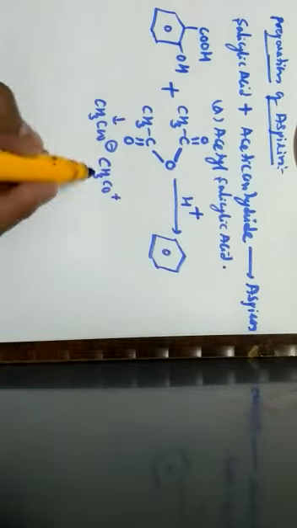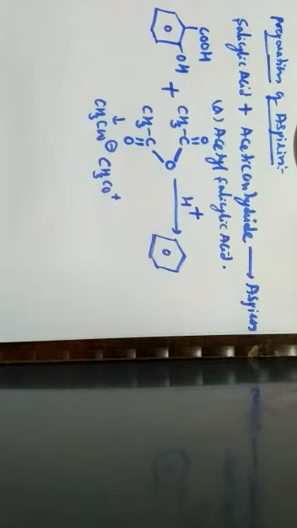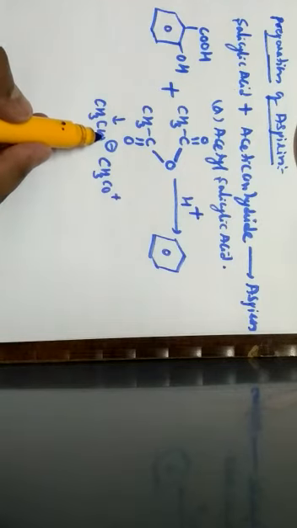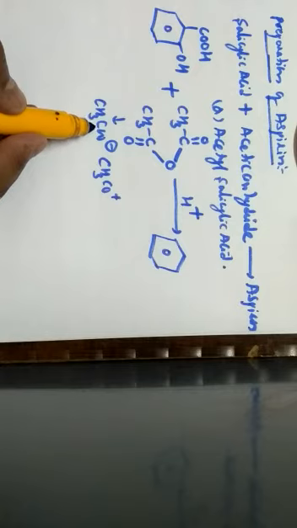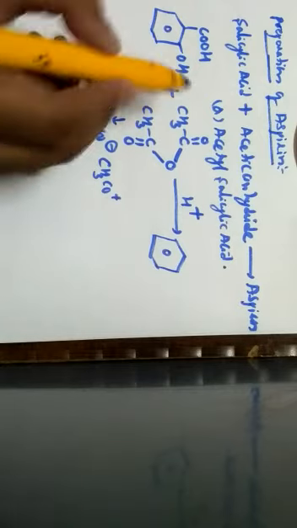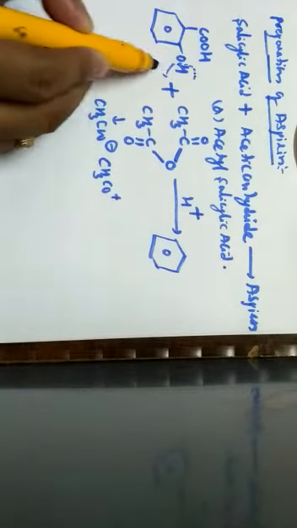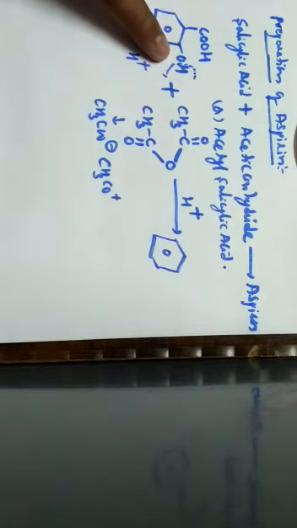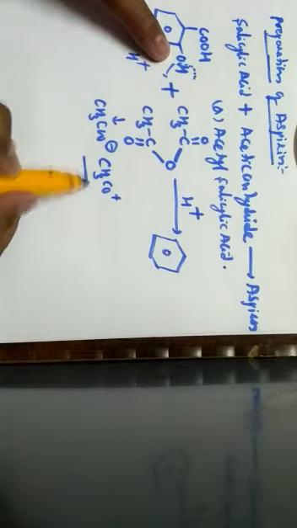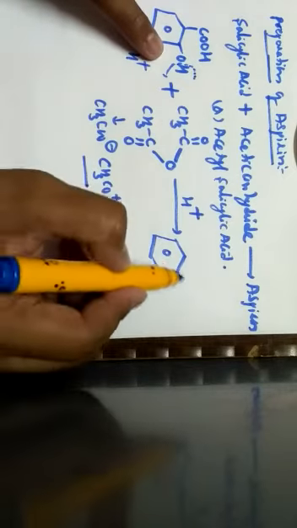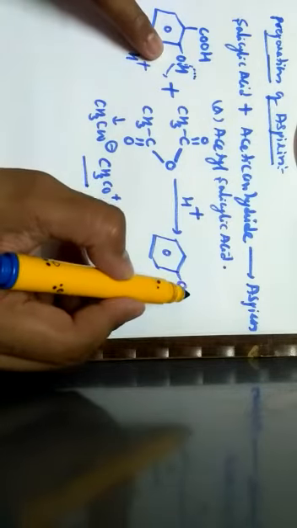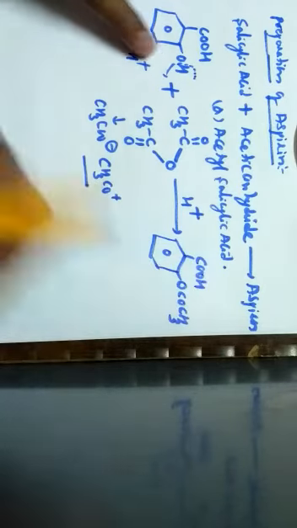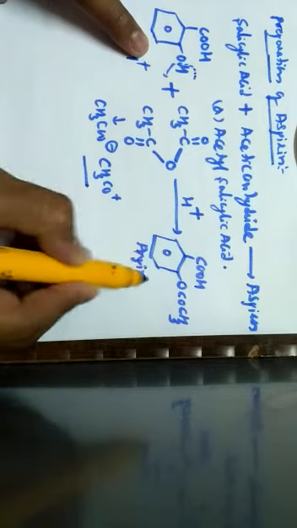Here the CH3CO, which is positive, binds with OH. Hydrogen will be eliminated as a proton, so that O becomes negative. This negatively charged oxygen will bind with CH3CO plus, so I can write it as OCOCH3 along with the attachment of the COOH group. So this is called aspirin.